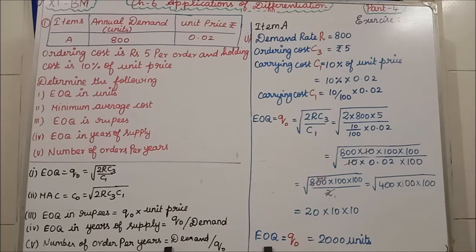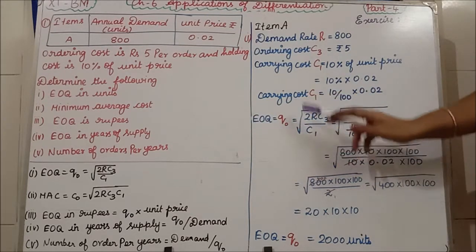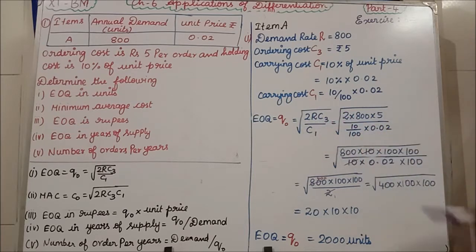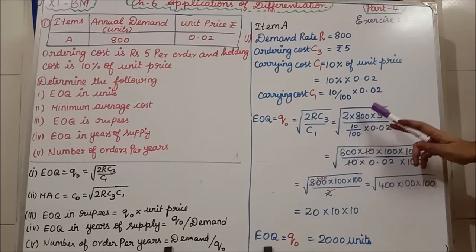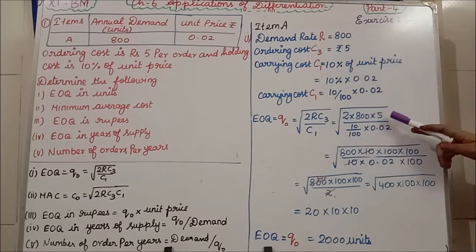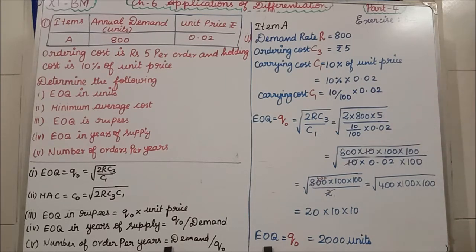Okay, in the first subdivision what do we have to find? EOQ in units. So the Q naught formula is what I have written below: square root of 2RC3 by C1, equal to square root of 2 into R value 800, C3 is 5, divided by C1 which is 10 divided by 100 into 0.02.